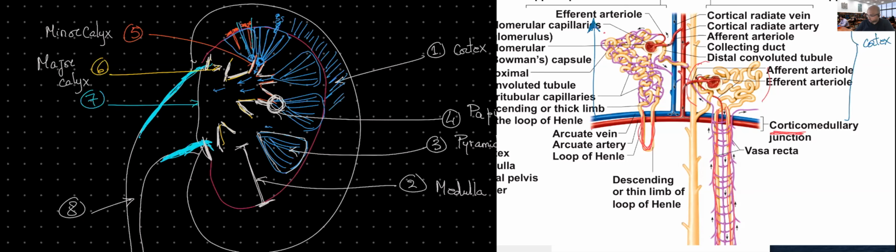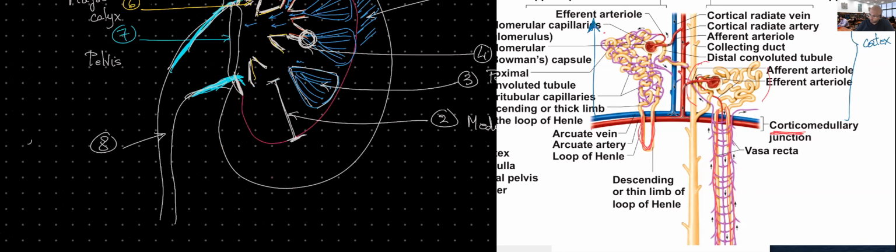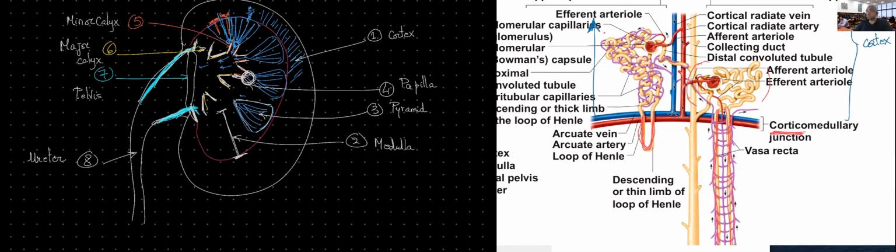And how about this funnel-shaped tube? This funnel-shaped tube. This is my renal pelvis. And the muscular duct in here, this is going to be my ureter. All right, any questions? Any questions?